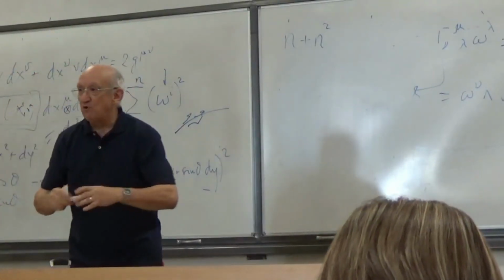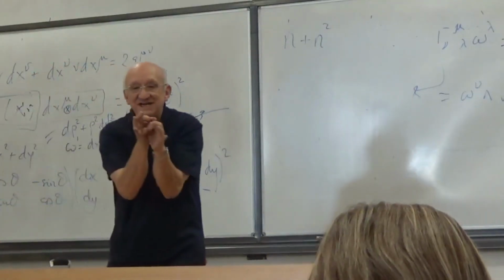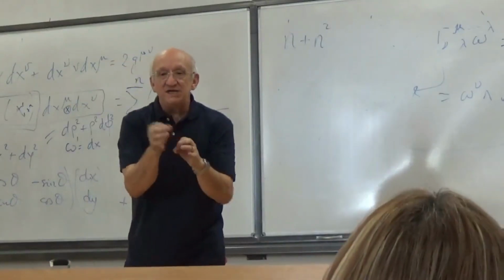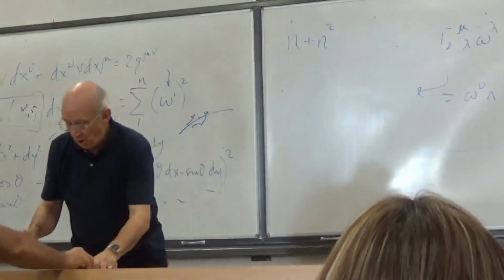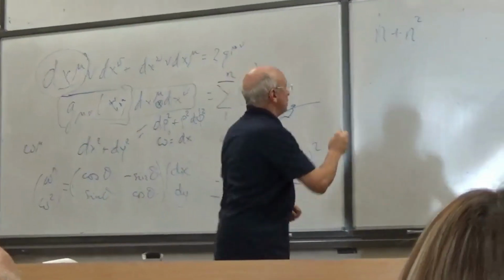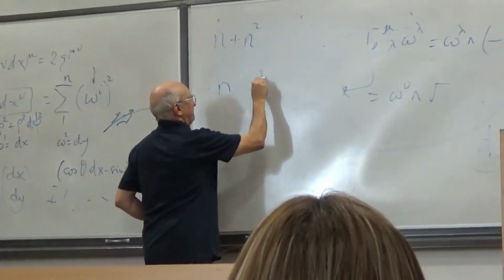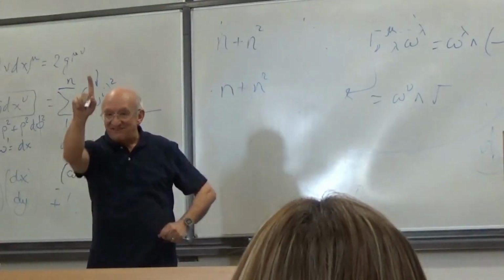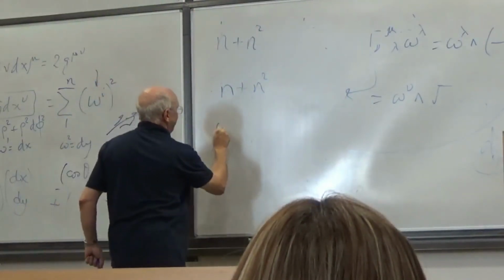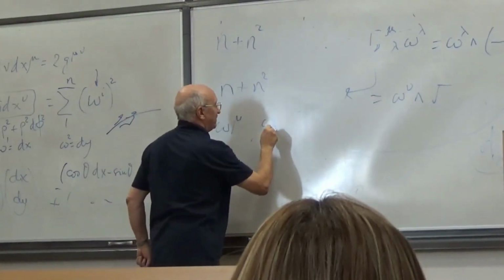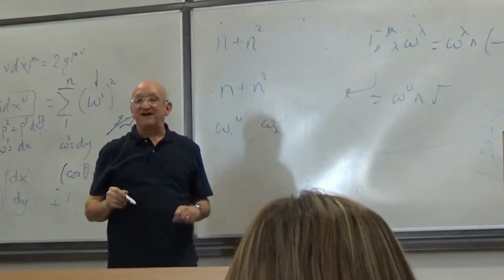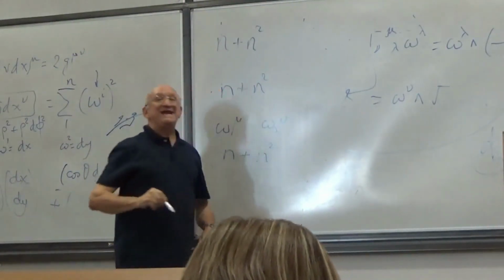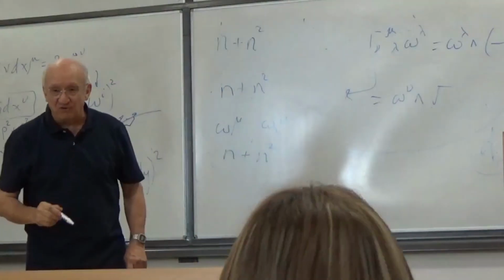So a manifold which infinitesimally, so to speak, is affine is going to depend on n plus n squared differential one forms. That means that the omega mu's and the omega lambda mu's that represent an affine connection are going to be n plus n squared independent differential one forms.